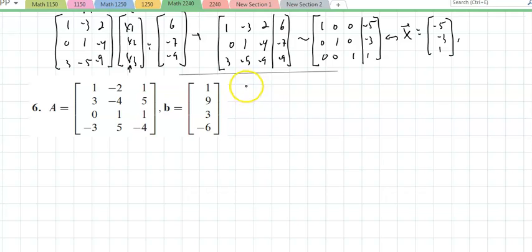We could say, you know what? This is going to mean we're looking at 1, negative 2, 1, and a 1, 9, 3, and a negative 6, 3, 0, and negative 3, negative 4, 1, and a 5, 5, 1, and a negative 4.